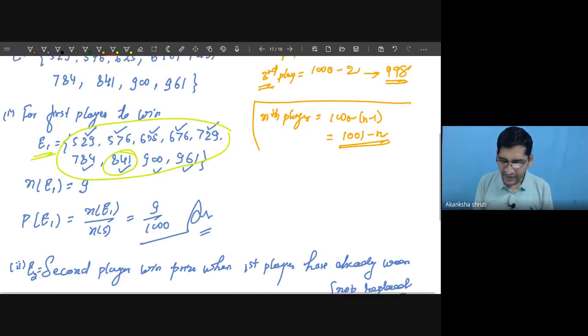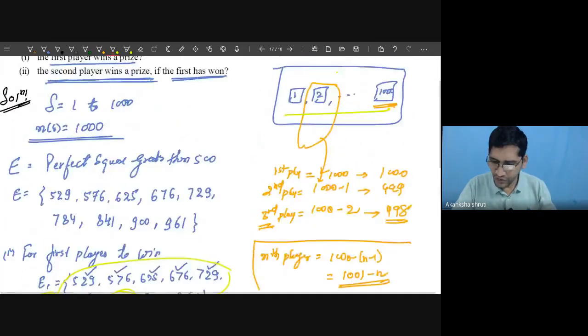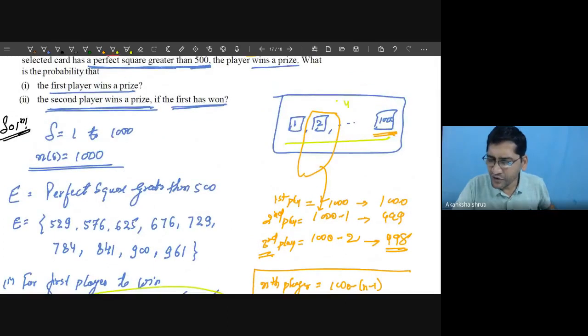After winning, for the second person, out of this 1 to 1000, I have marked 481. So the card 481 is now removed from this. So how many cards will be there? Out of 1000, this one is removed for the second player, so 999 cards will be there. That concept we have to keep in mind.